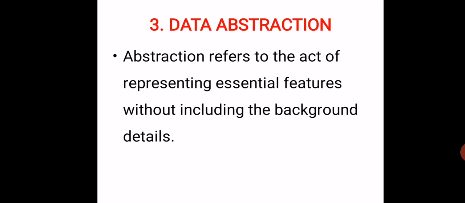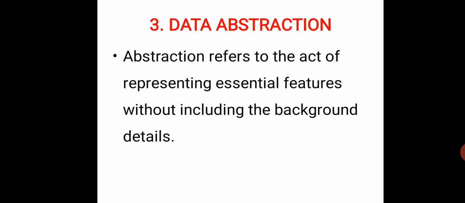And the next concept is data abstraction. Students, we know that abstraction refers to the act of representing essential features without including the background details. Abstraction takes only a set of essential properties or characteristics of an object.